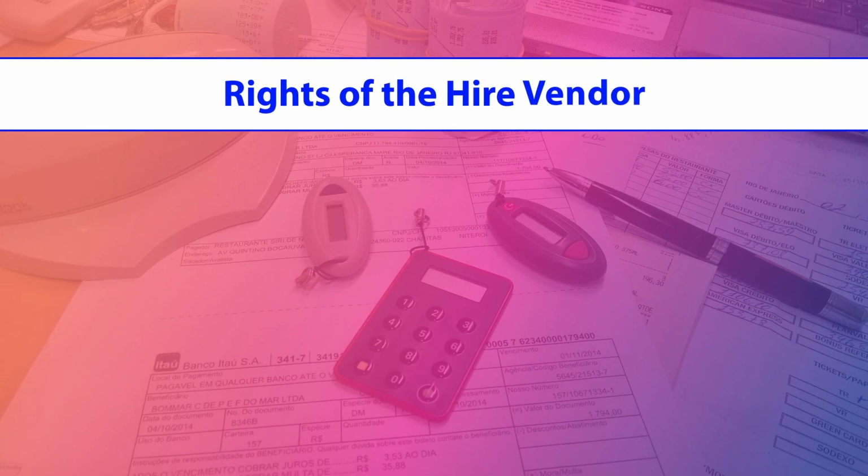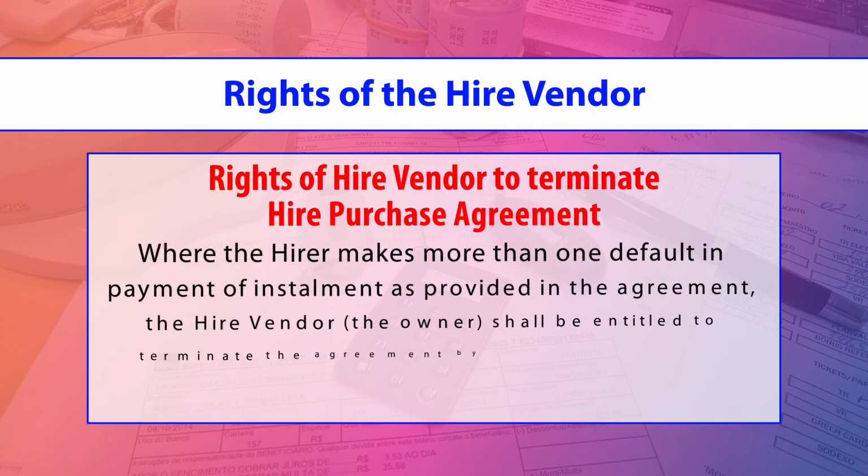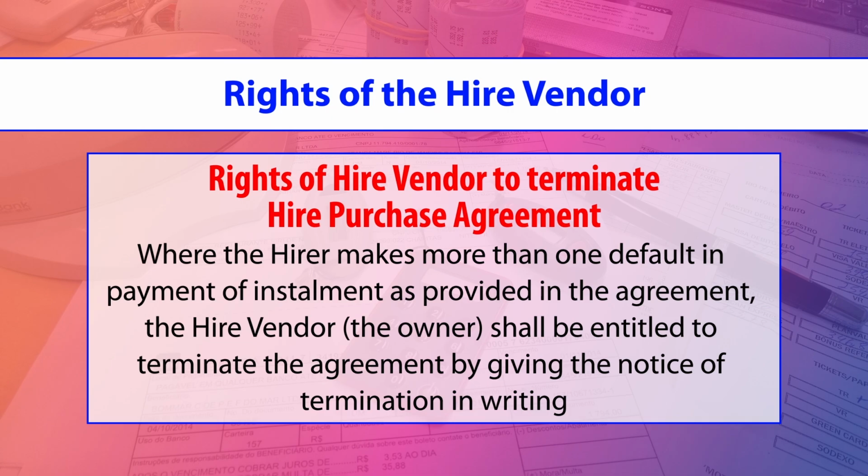Rights of hire vendor. Let us discuss what the rights of the hire vendor are. The first one is the right of the hire vendor to terminate the hire purchase agreement.